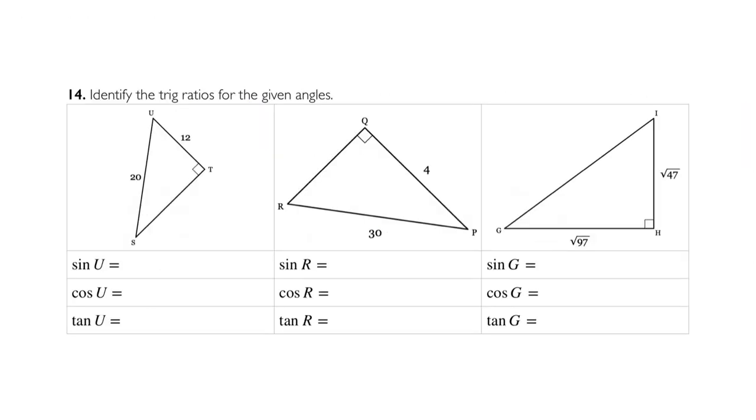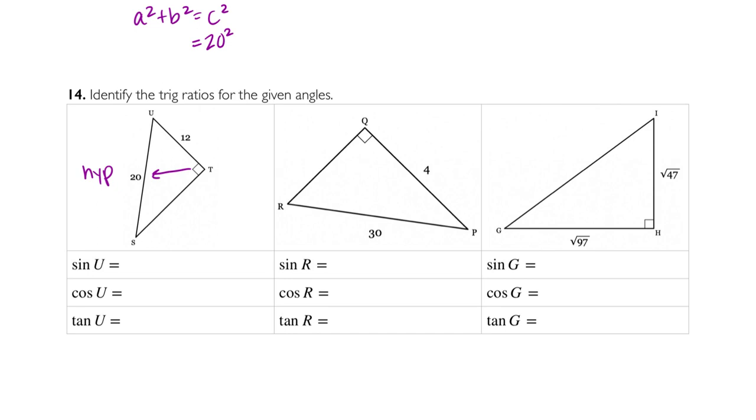Okay, so we're going to put this into practice. Before we can figure out sine, cosine, tangent for these triangles, we have to figure out the missing side of the triangle, and we have to use the Pythagorean theorem to do that. So for the first one, across from the right angle is the hypotenuse. And when we use the Pythagorean theorem, the hypotenuse has to be C. So in this case, C is 20.